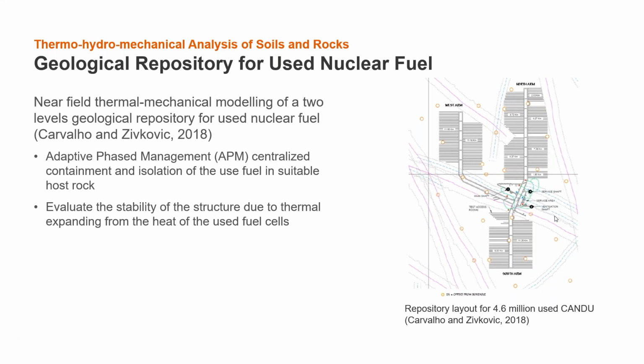The layout of the repositories is shown on the right side, as you can see here. Also, the fuel cells are stored at 2 levels, approximately 2.3 million bundles per level, with the lower level starting 20 years after the start of the first level.